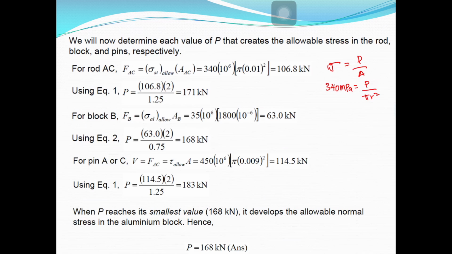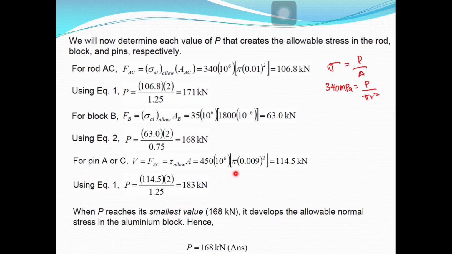You find P, you get this one, 171 kilonewton. And same with the others, you get P as 171, 168, and 183.